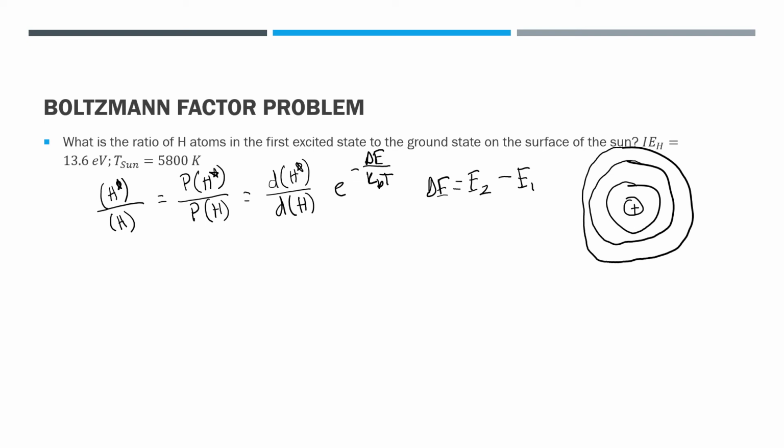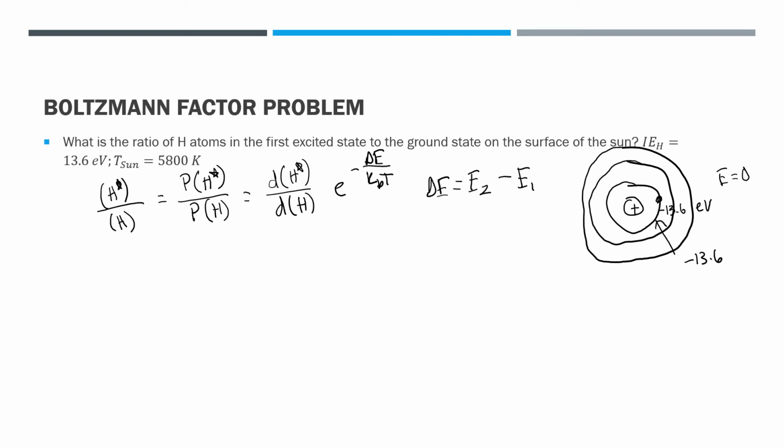So to get to E equals 0, all the way out in ionization, I need to apply 13.6 electron volts. That means my ground state is at negative 13.6 electron volts, because it takes 13.6 electron volts to get to an energy state of 0.